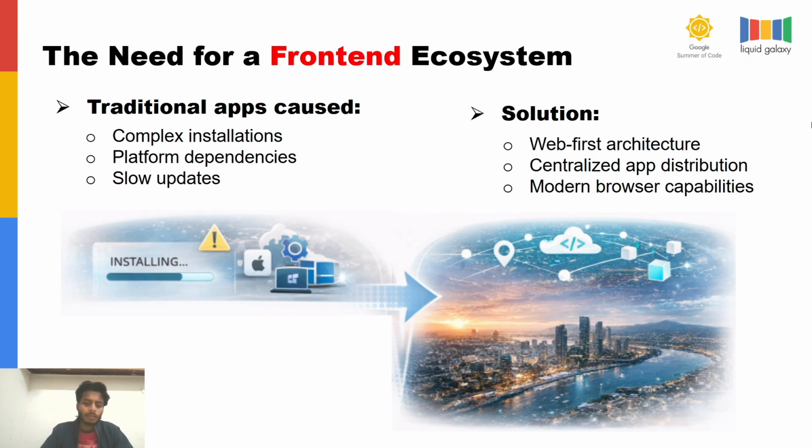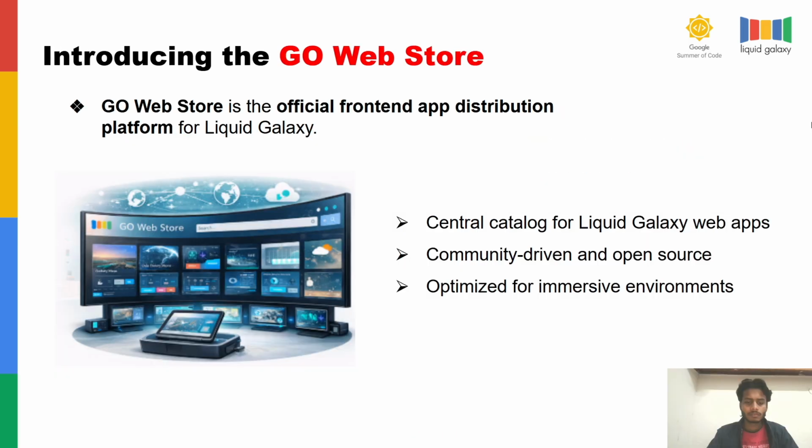By using a browser as the runtime, Liquid Galaxy can reduce system complexity, improve maintainability, and enable faster innovation. This shift from a standalone application to a front-end ecosystem was a very important step. And once you have a front-end ecosystem, you also need a proper way to distribute and manage applications. This is where the Go Web Store comes in, which we will explore next.